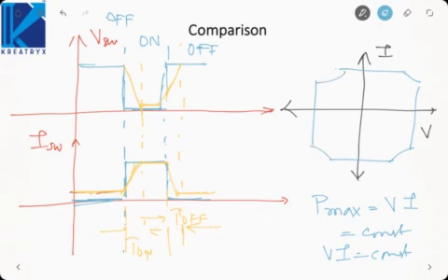The region inside this is called the SOA, the safe operating area. For a practical switch, the safe operating area is finite. For an ideal switch, the safe operating area is infinite, with all 4 quadrants entirely lying in the SOA. That means you can operate at any point on the curve and the operation will be stable.